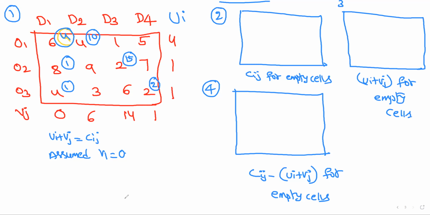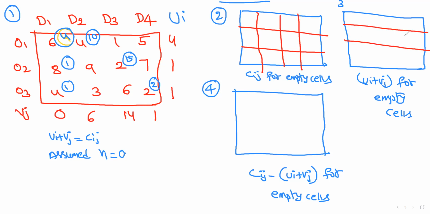Here we have 3 rows and 4 columns, 1, 2, 3, 4. And again here also 3 rows, 4 columns.